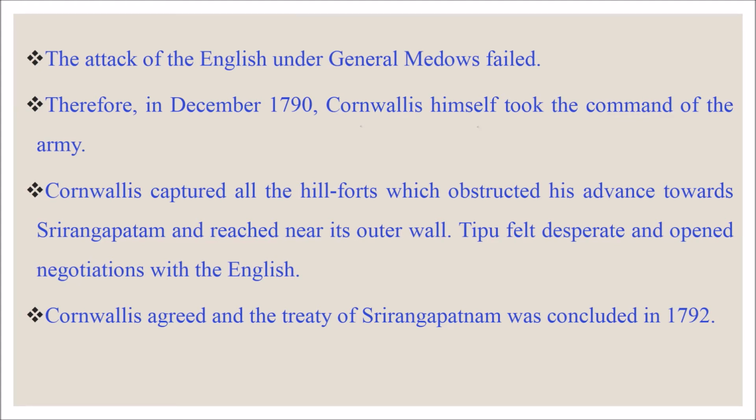Therefore, in December 1790, Cornwallis himself took the command of the army. After the failure of General Matthews, Cornwallis took command against Tipu Sultan.